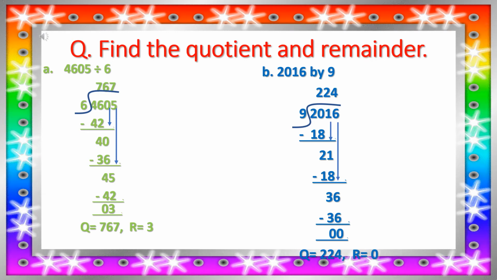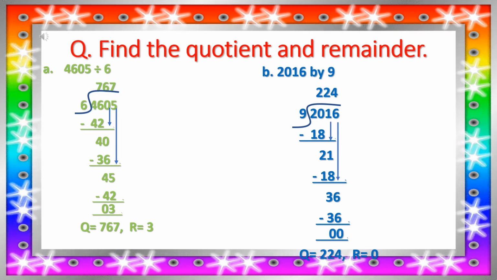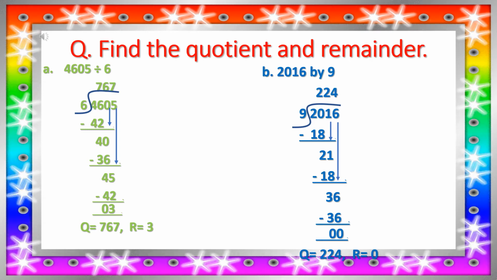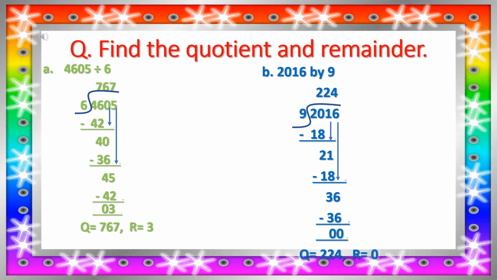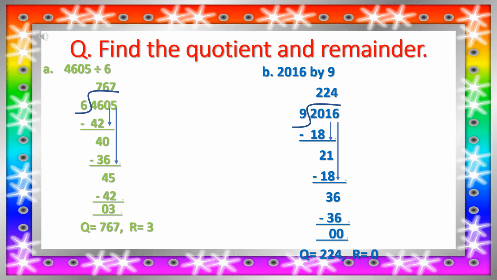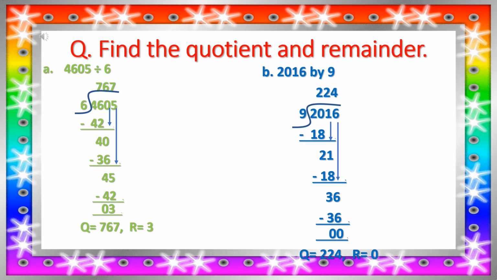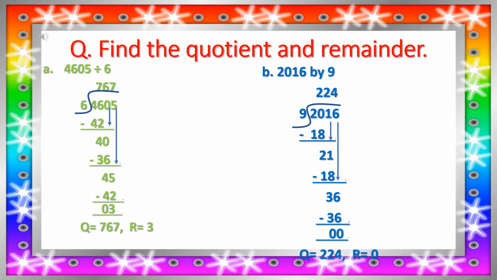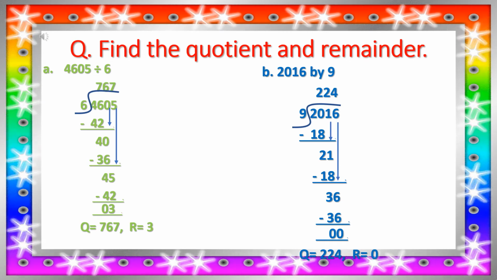Now 6 7s are 42 and we will write 7 as quotient over 5 and 42 will be written under 45. Now 45 minus 42 is equal to 3. So our answer is quotient is equal to 767 and remainder is equal to 3.